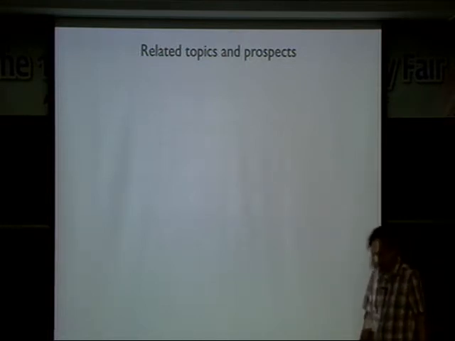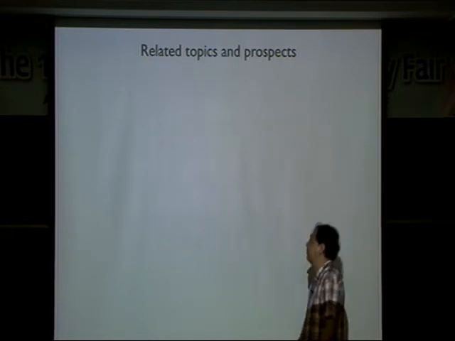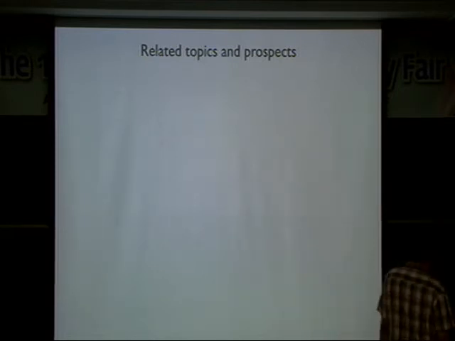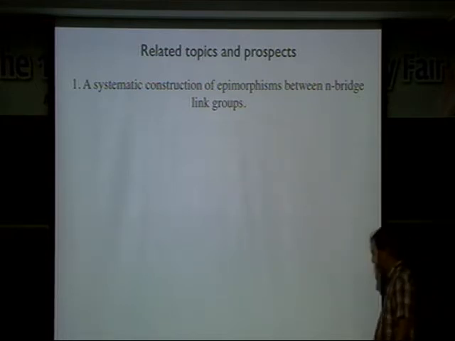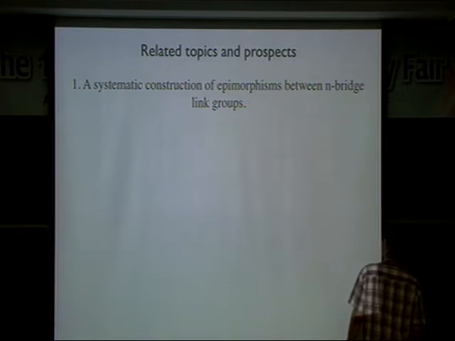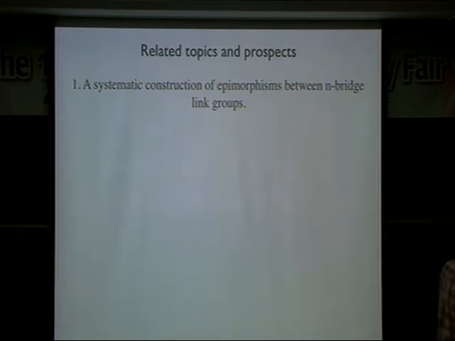So up to here are the results we have obtained now. So let me say something about the projects in the future. The first problem is the systematic construction of epimorphisms between n-bridge decompositions.